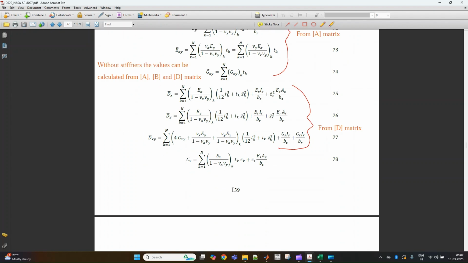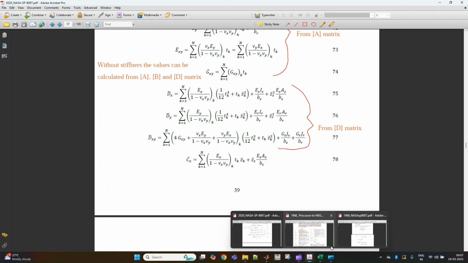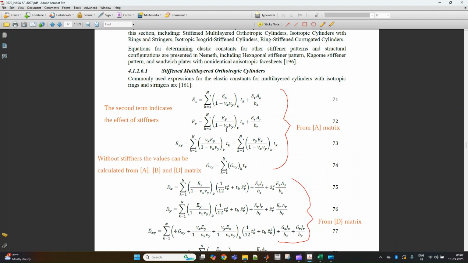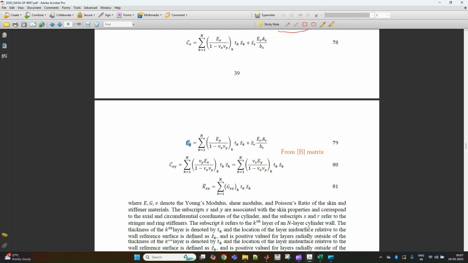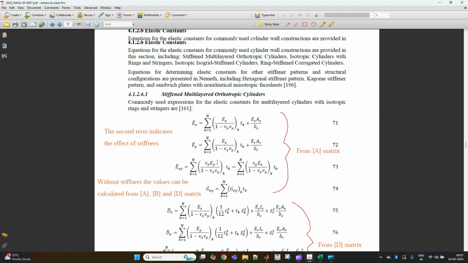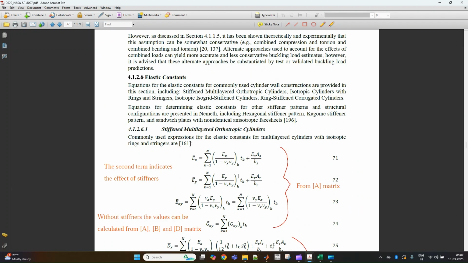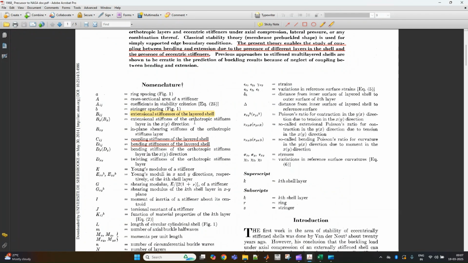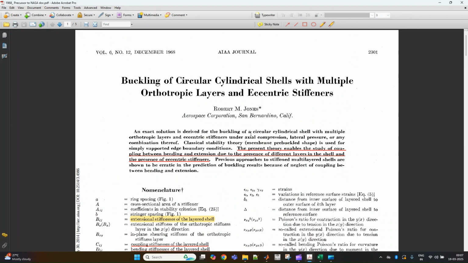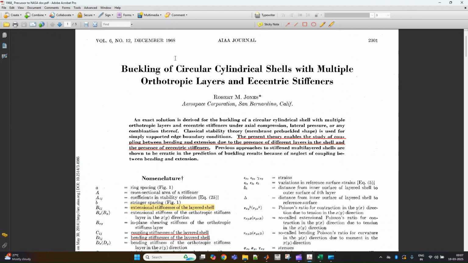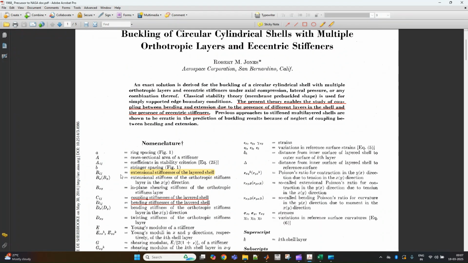Now what I'll be focusing more on in this video is a document. Okay, first I'll explain why it is A, D, and this B matrix. How I came to know: this entire NASA SP-8007 document has been developed from the work of a person called Robert M. Jones. He wrote many papers in those times, and based on that, he used B matrix as an extensional stiffness matrix for the layered shell.